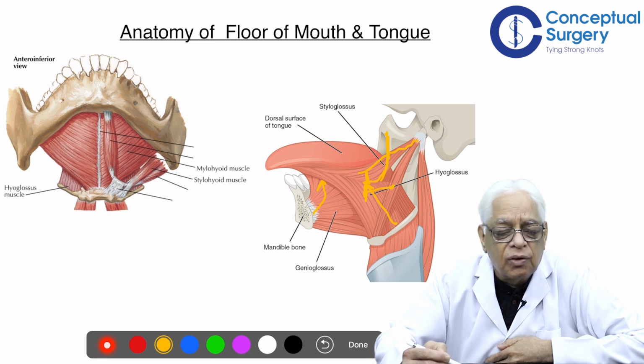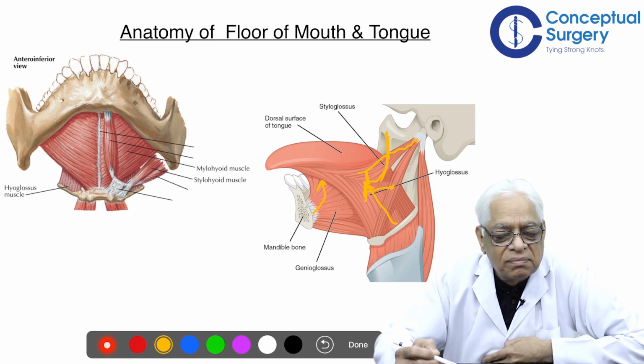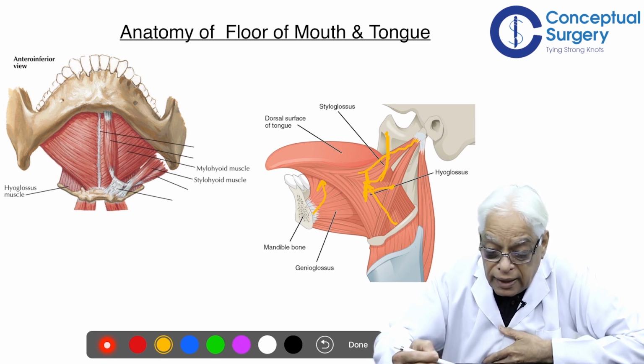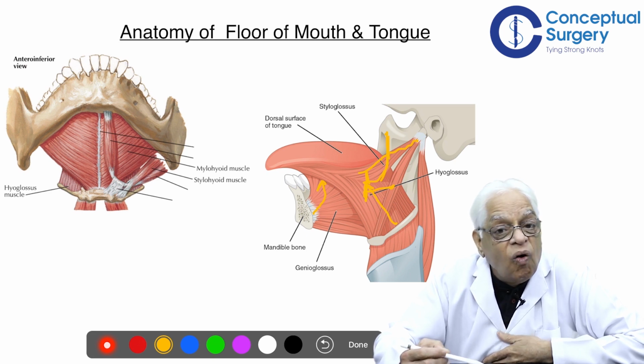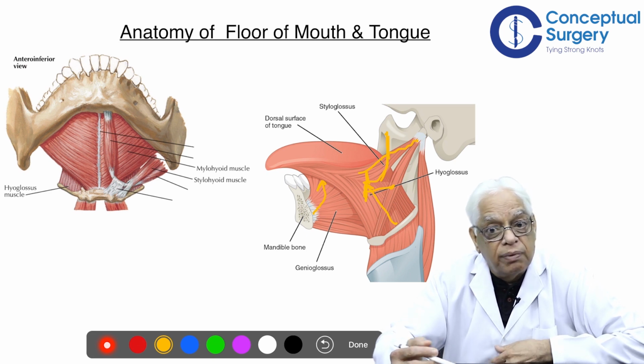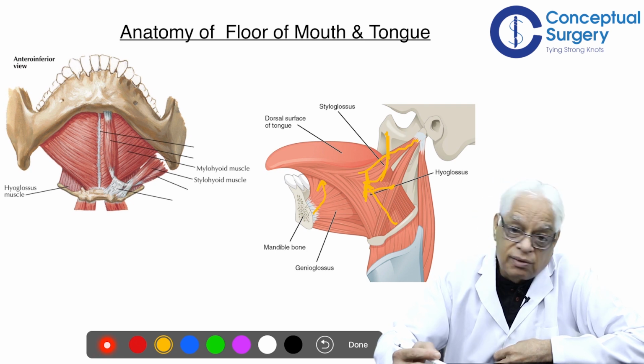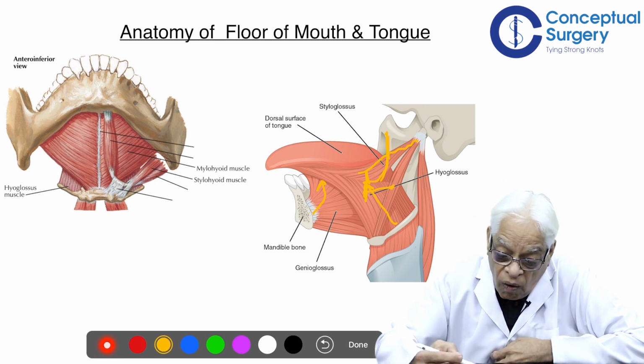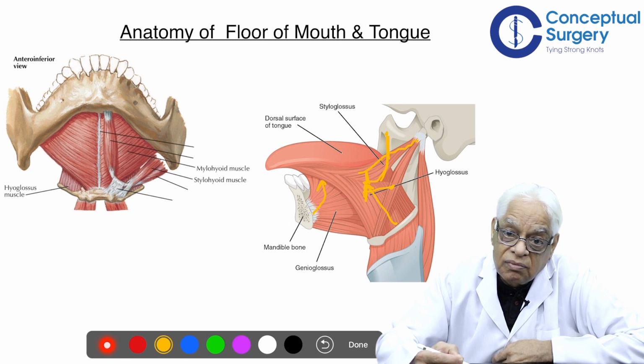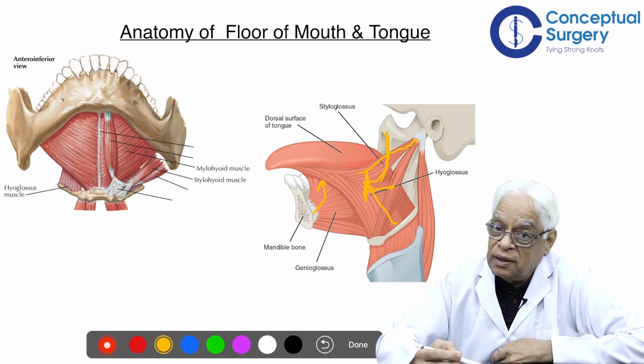And barring palatoglossus, barring styloglossus, all muscles of tongue are supplied by 12th nerve. All intrinsic muscles of tongue are supplied by 12th nerve.